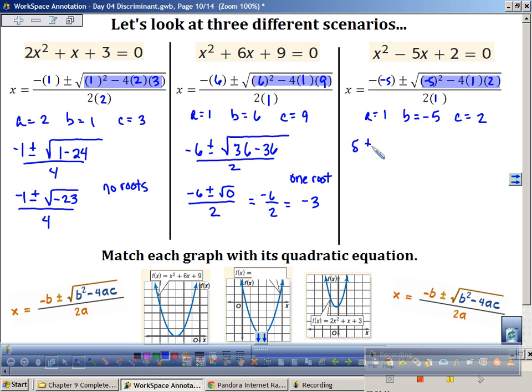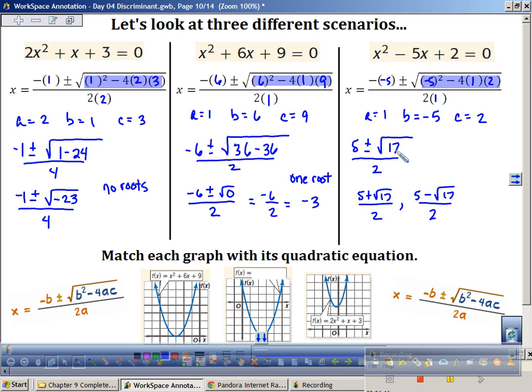I get 5 plus or minus the square root of 17. 25 minus 8 is 17. All over 2. I can't simplify 17, so this is going to end up being 5 plus the square root of 17 over 2, and my other root would be 5 minus the square root of 17 over 2.